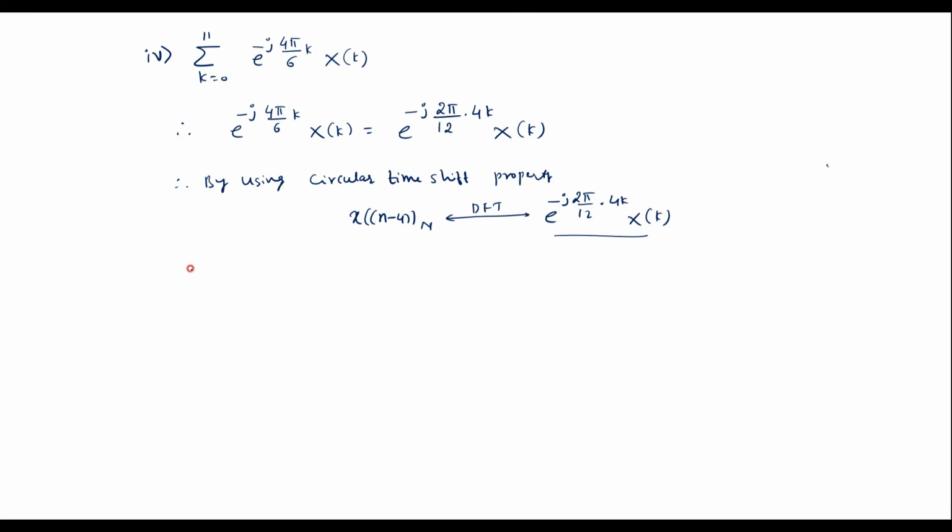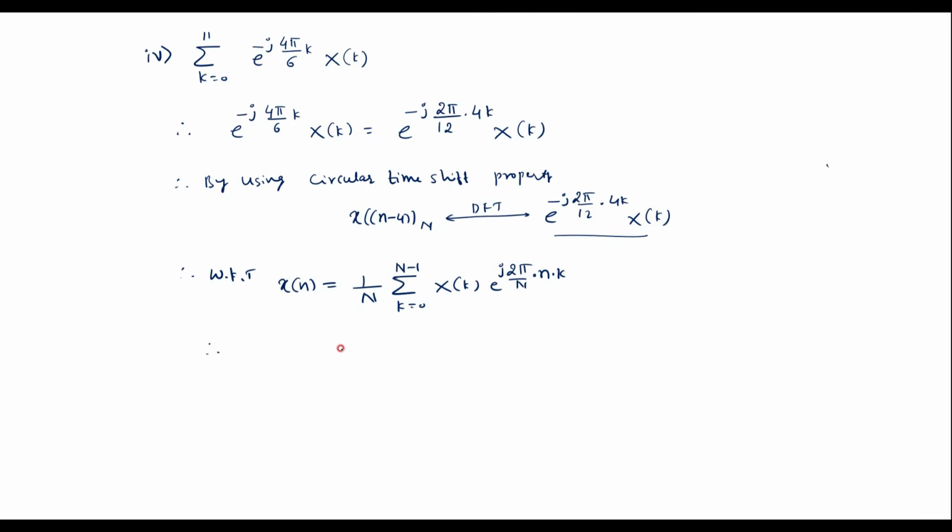We know that the IDFT of any sequence x of k is given by x of n is equal to 1 over N summation k equal to 0 to N minus 1 x of k e power j 2 pi by N into k.